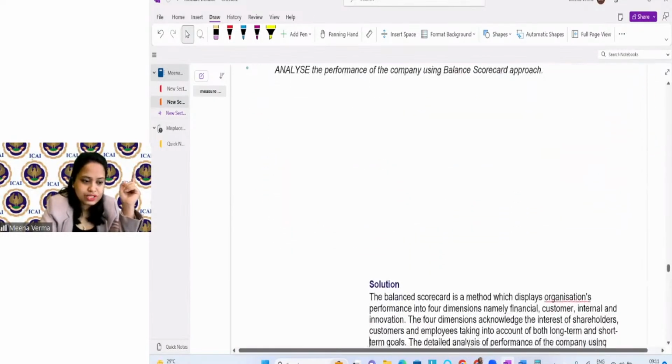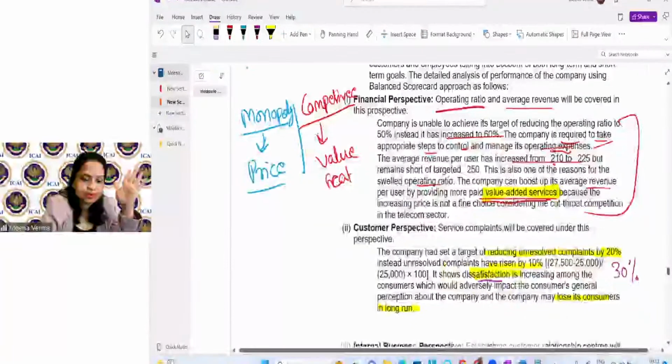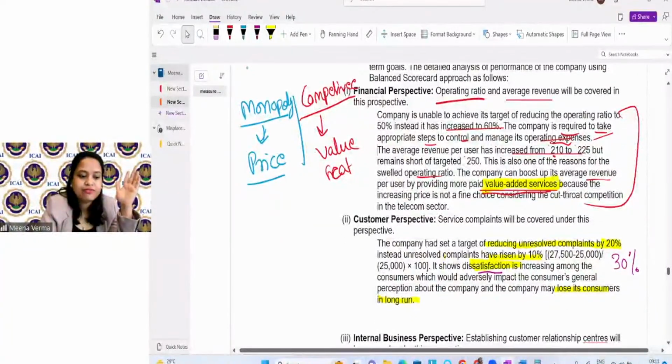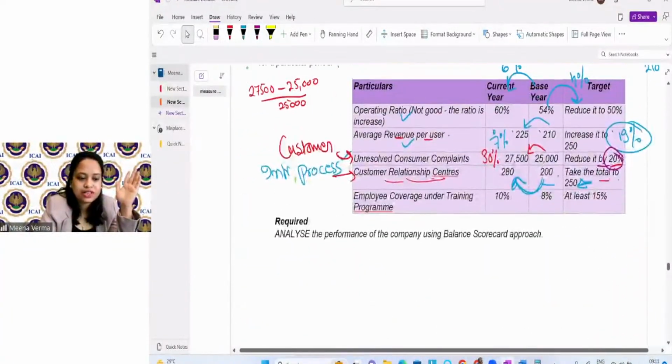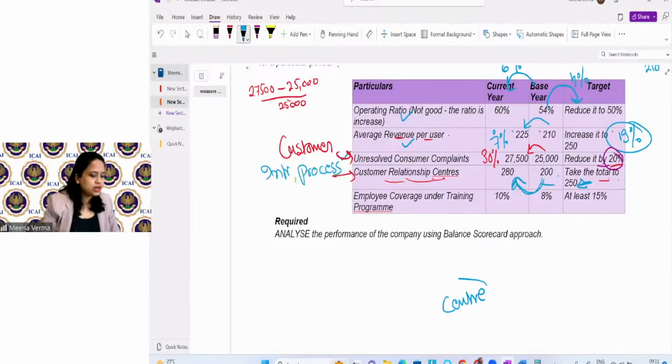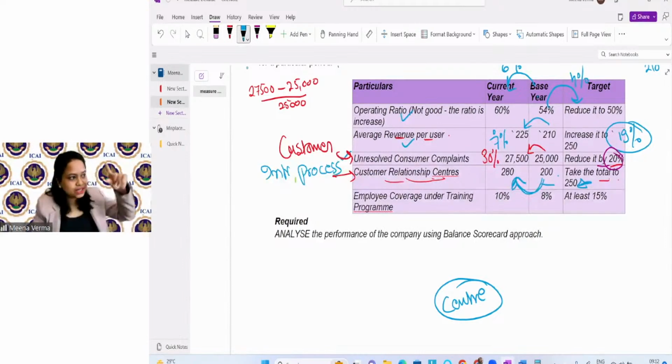Customer relationship center. They now have how many customer relationship centers? 280. I hope you understand in this case. Center means a place where they will handle the problems of the customer, like the Airtel Vodafone center we have here.